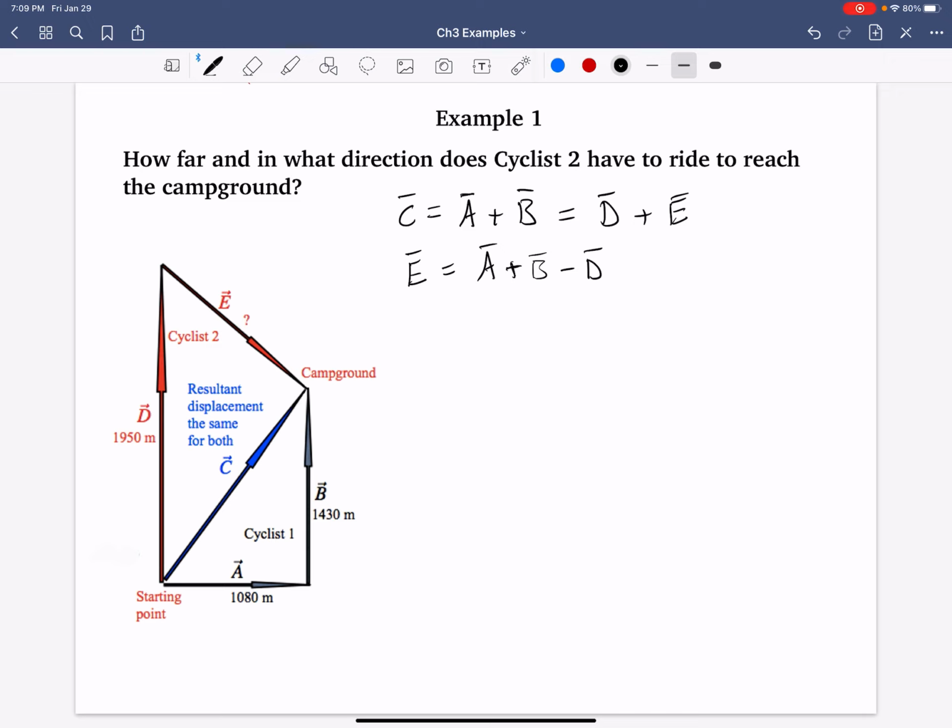This will give us a guide or a template, or a starting point, as to how to solve for the x and y components of E and then ultimately E itself.